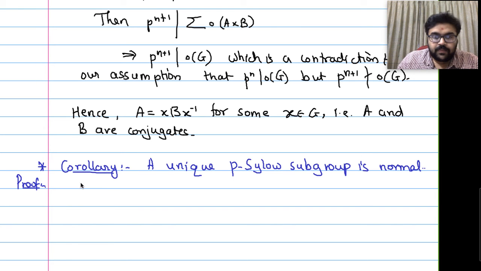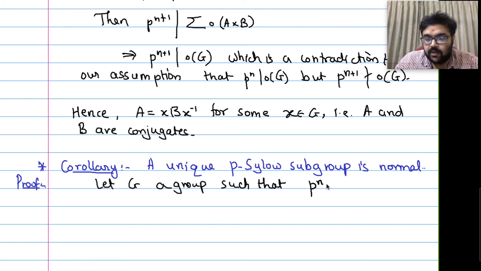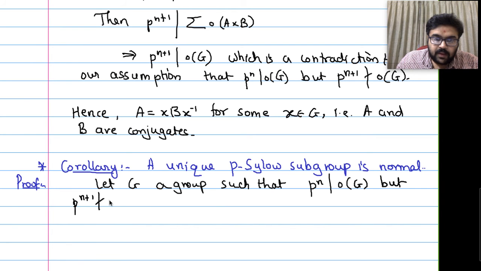So let G be a group such that p power n divides order of G, but p power n plus 1 does not divide order of G. And let P be a p-Sylow subgroup of G.